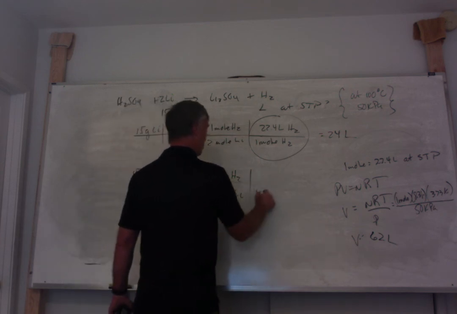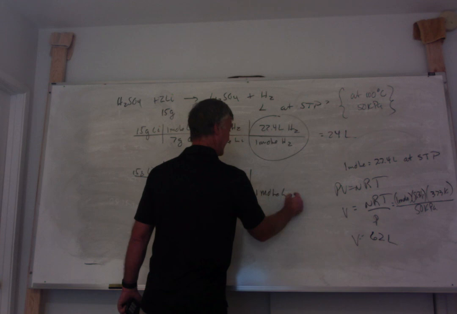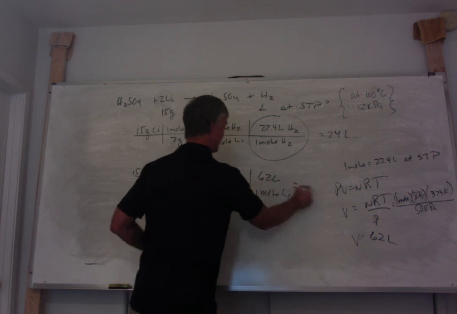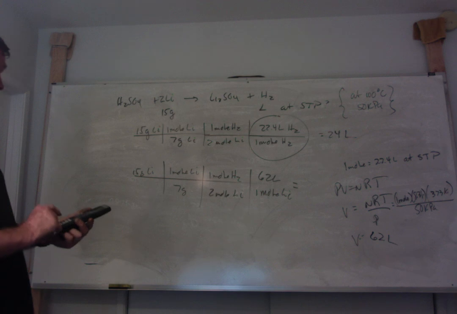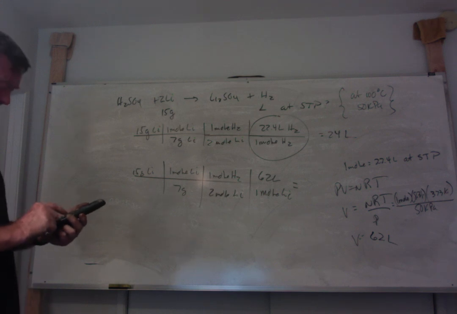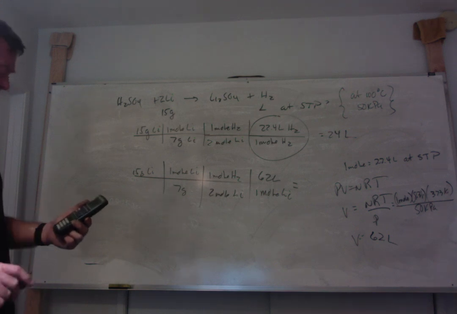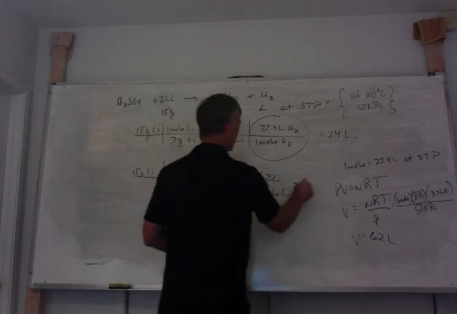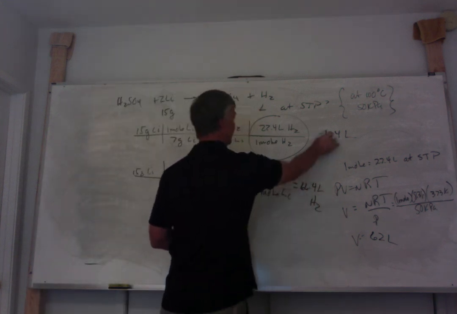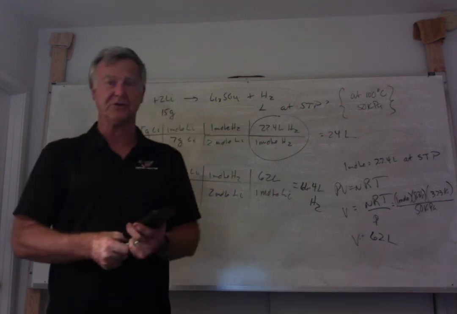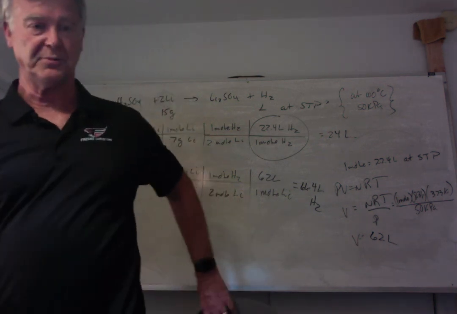And 1 mole in this case is 62 liters, not 22.4. So 62 times 15 divided by 14, and we end up with 66.4 liters of hydrogen gas. Quite different from this one, but that's because the pressure and the temperature were considerably different.